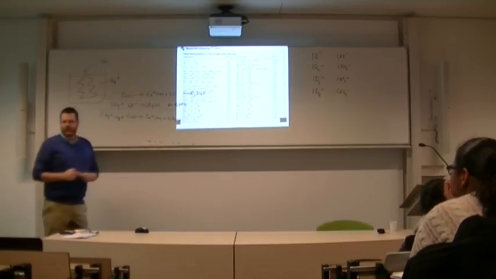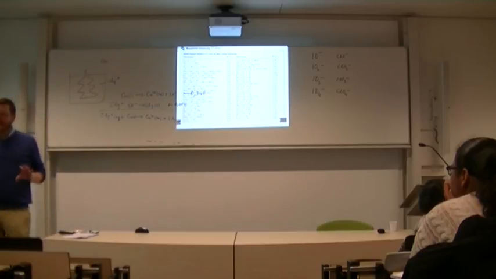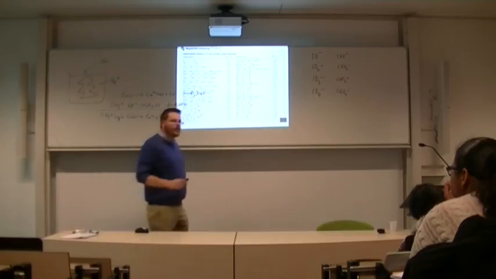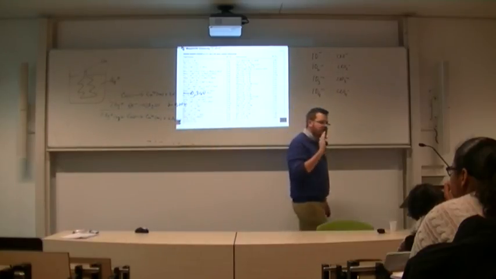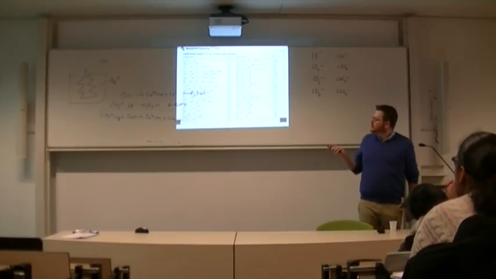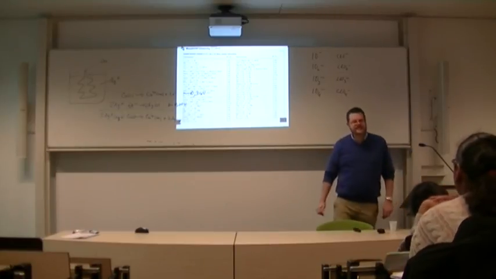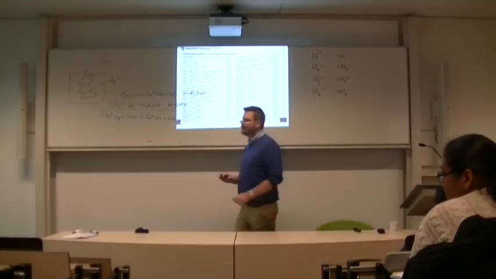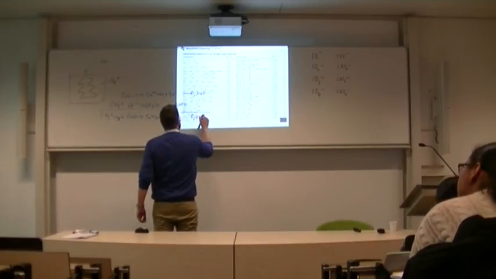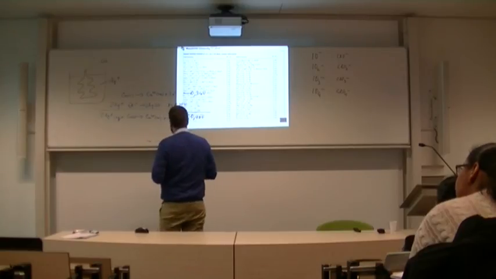So tell me, what is the overall electrochemical potential associated with these two electrochemical events? 0.46. Yes, we simply add them up. So 0.46 volts plus.